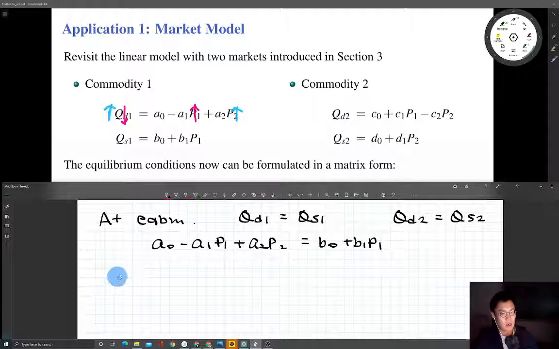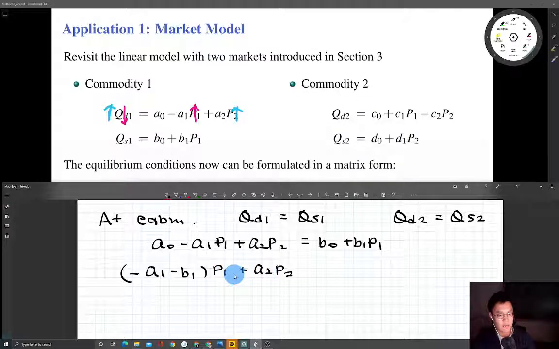Let me take P terms and collect them on the left, and then take the other terms on the right. After arranging this equation this way, I'm going to have negative (A1 plus B1) times P1 plus A2 P2. So I collect P terms on the left and the other terms on the right, B0 minus A0.